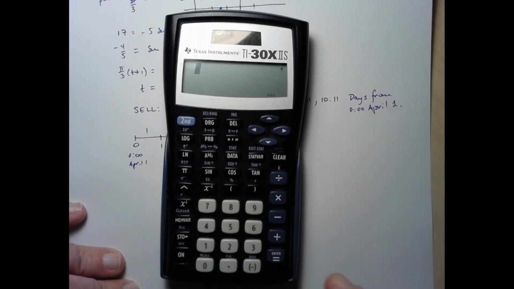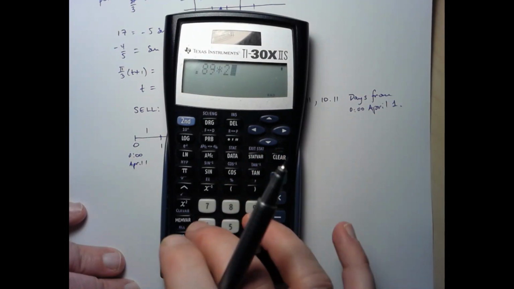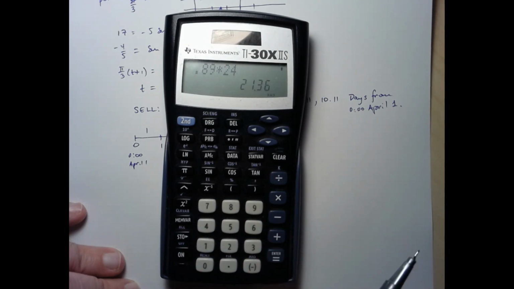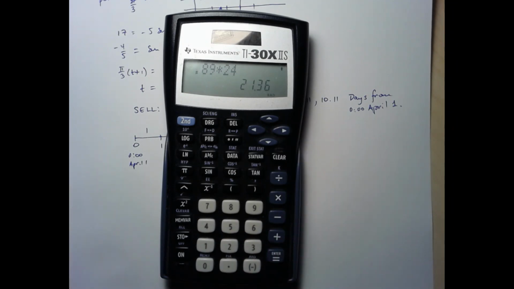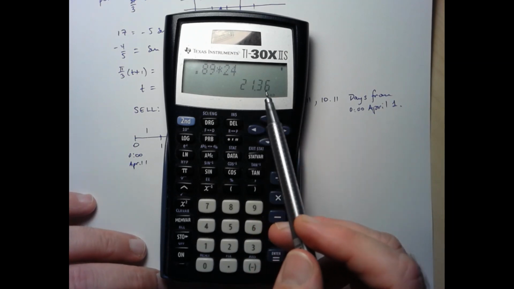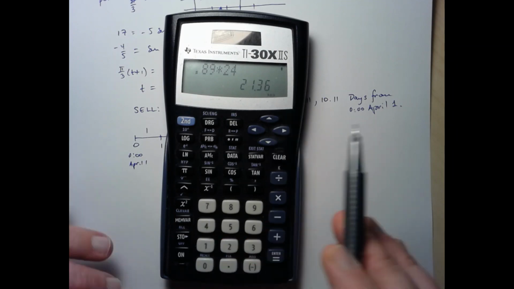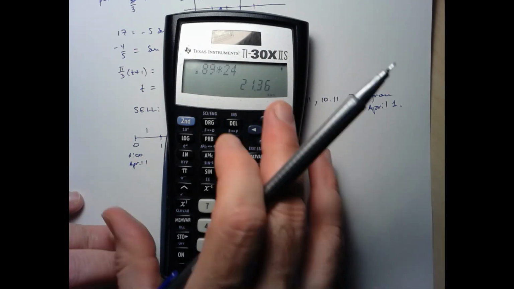So 0.89 times 24 hours in a day is 21, and that's a little more than 21, which is going to be 9 p.m. Okay, 2100 hours is 9 p.m. And yes, it's actually more. So I could go a little further and figure out how many minutes, but I'm just going to round this to 21 hours, which is 9 p.m.